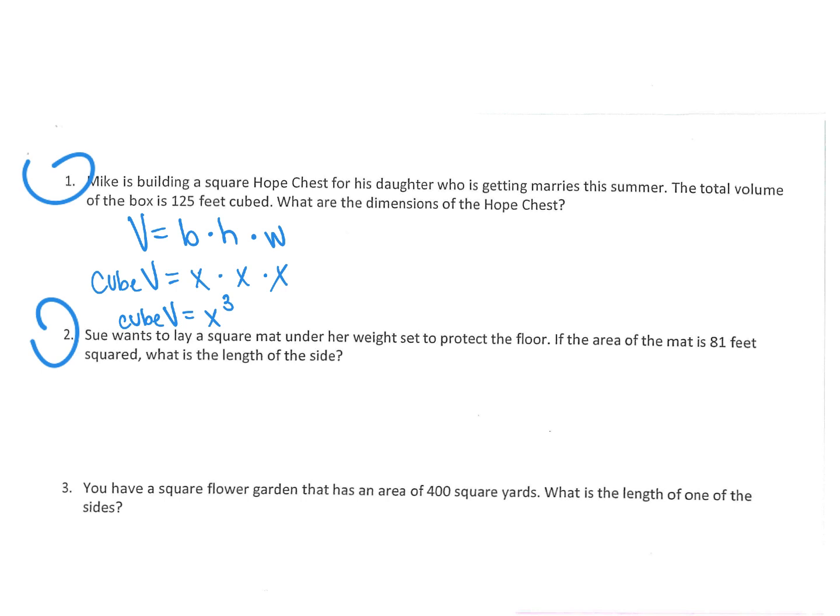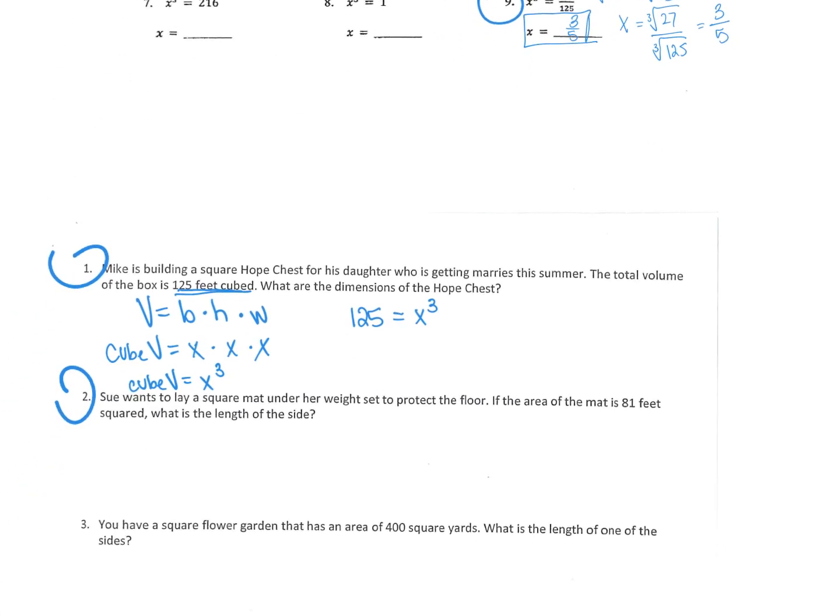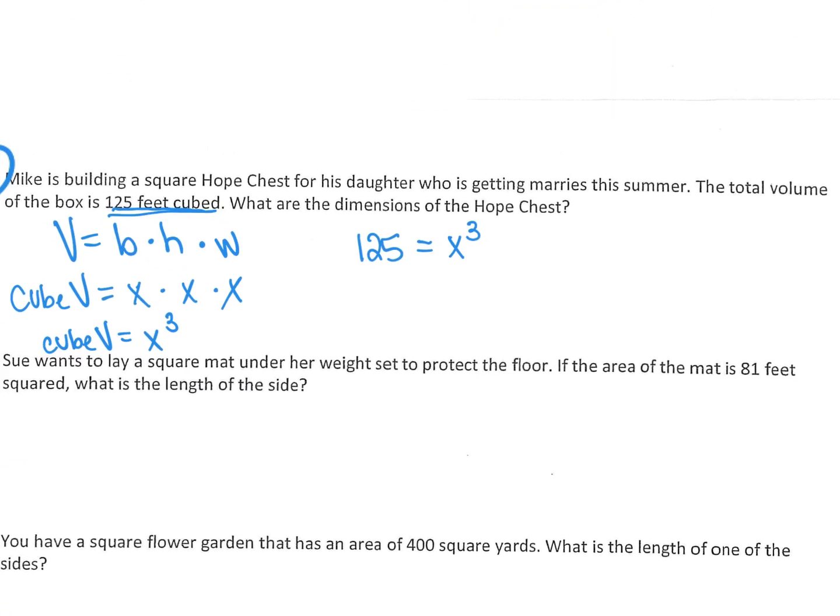Same thing. So now that we know what the formula is, we have the cube volume right here. It's 125 feet cubed. So I can replace that v with 125 for this one. And that's going to equal x to the third power. Well, this looks exactly like what we did up here, right, guys? We now have a formula that we can actually use to solve.